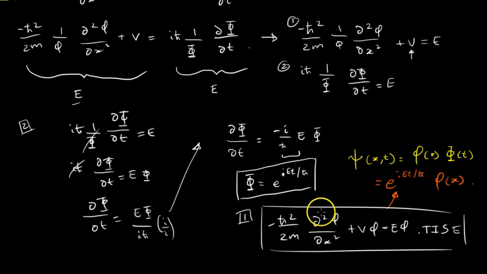And these are the two fundamental equations we're going to work with. We just found out how a wave function evolves over time according to this exponential. And now, for a given potential V, we can find out how it evolves spatially under this time constraint.